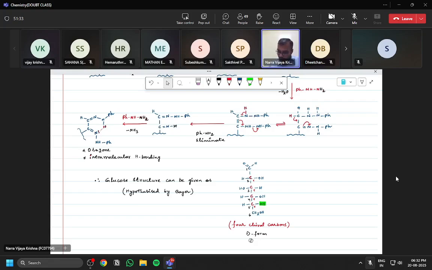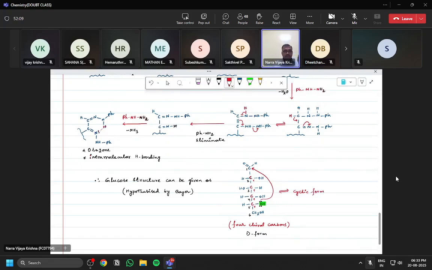In the Haworth projection, the lone pair of electrons on oxygen at the 5th carbon can be donated to this carbonyl group, making the pi bond shift towards oxygen. As this is an sp2 carbon, this oxygen can donate the lone pair either above the plane or below the plane. So both are possible. Anyhow, you will get one cyclic form. We will discuss that cyclic form separately.